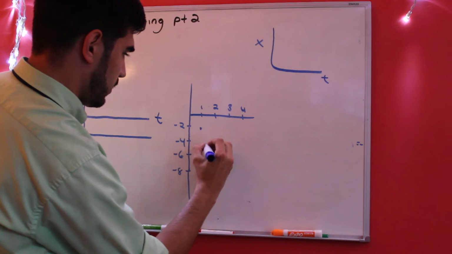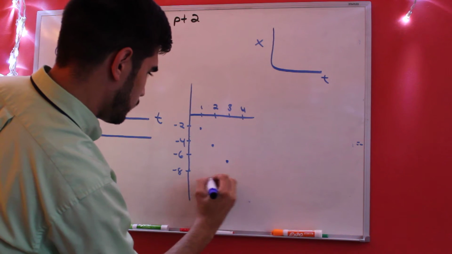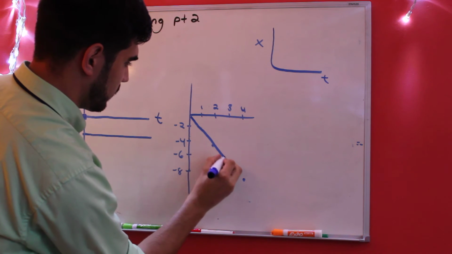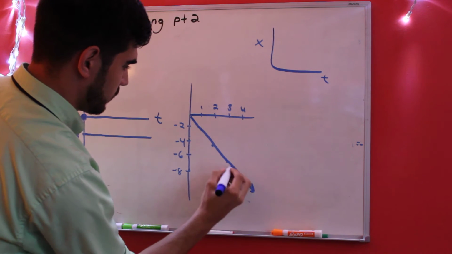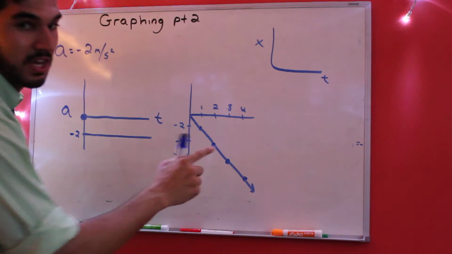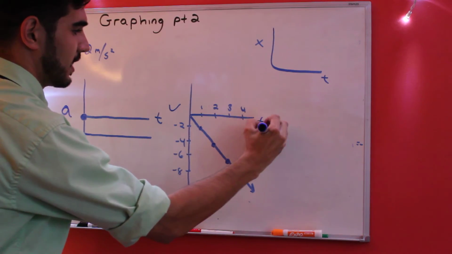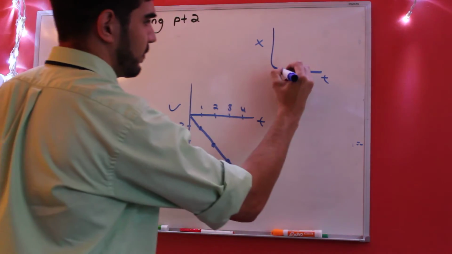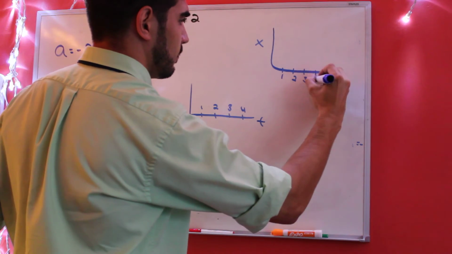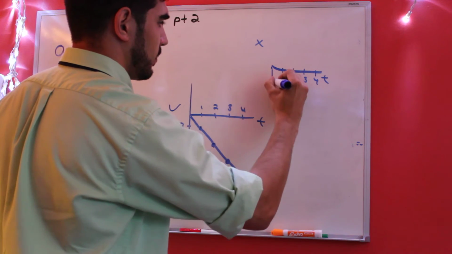Same trend though. Same exact idea. It's still representing the same acceleration, it's just shown in the form of velocity versus time. Then when we come over here, 1, 2, 3, 4 again, and I have to put this now on my negative axis.